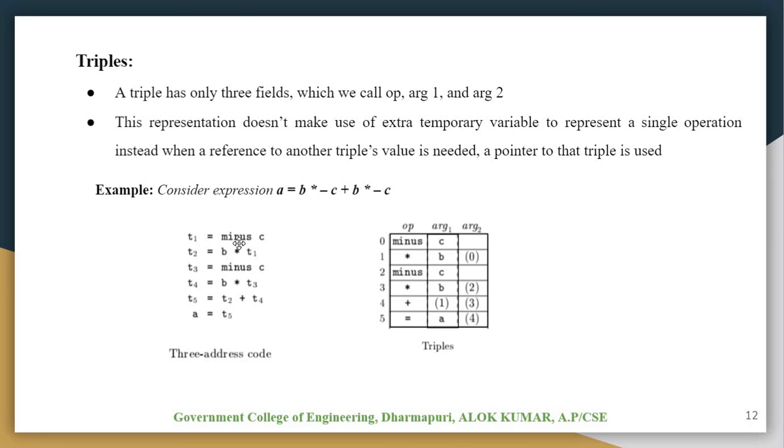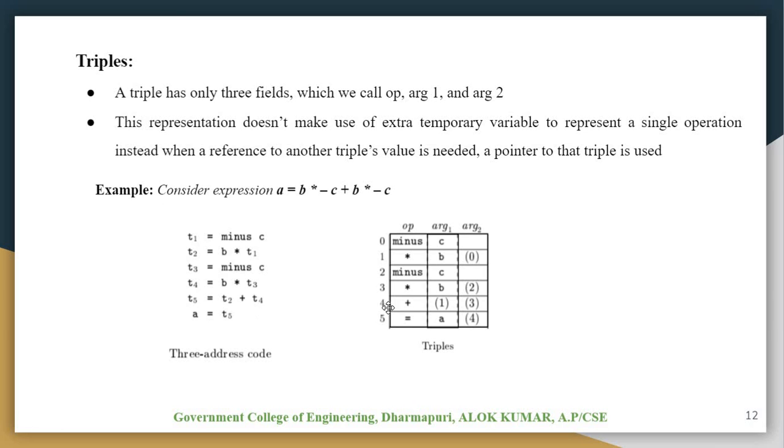Here we write minus c, and the location where we keep this is what t1 stood for. Then b into that location, and the asterisk is the operator. After that, minus c is kept at this location. Then b into t3, where we use these two references, the addresses.